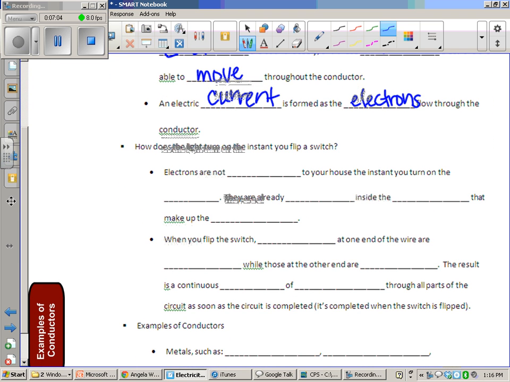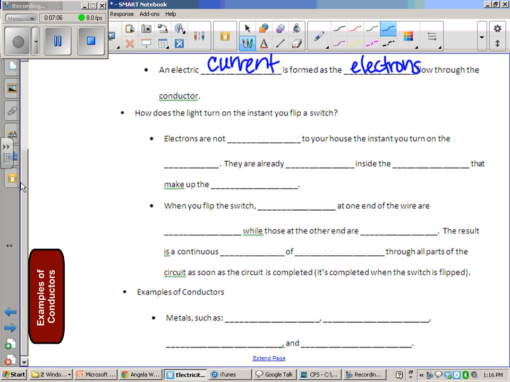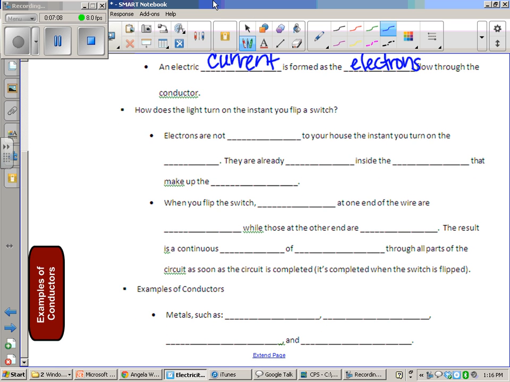Now, how does the light turn on the instant you flip a switch? Well, electrons are not sent to your house the instant you turn on the switch. They are already present inside the conductors that make up the circuit.